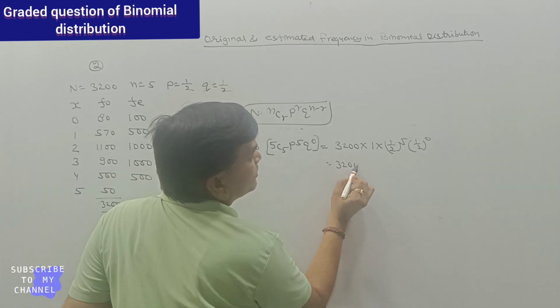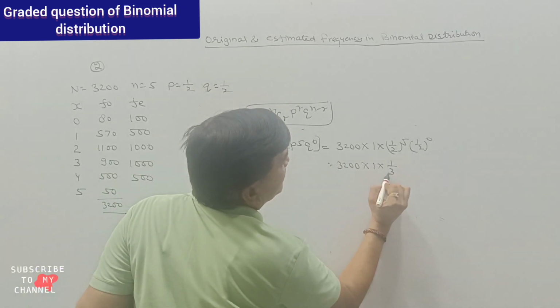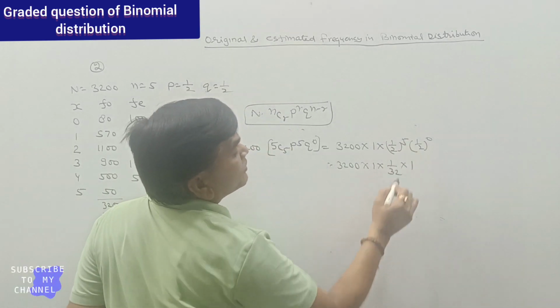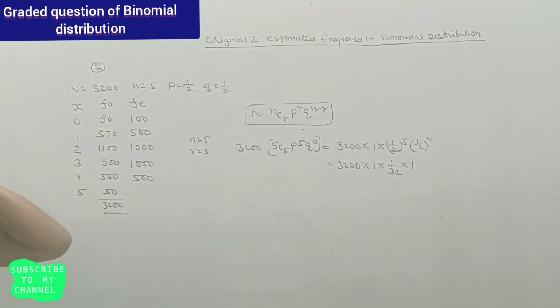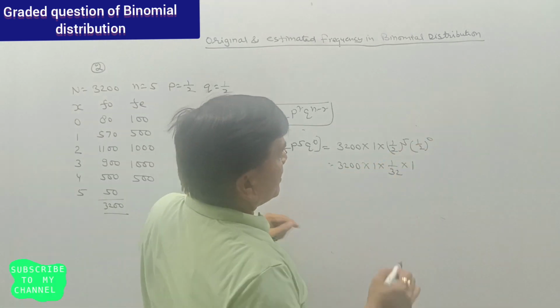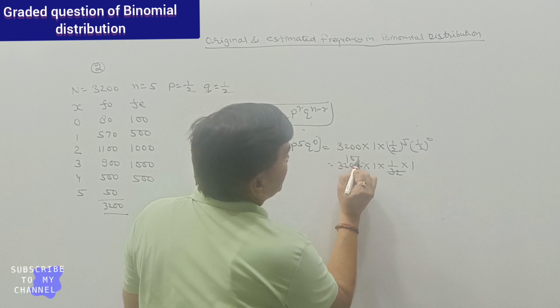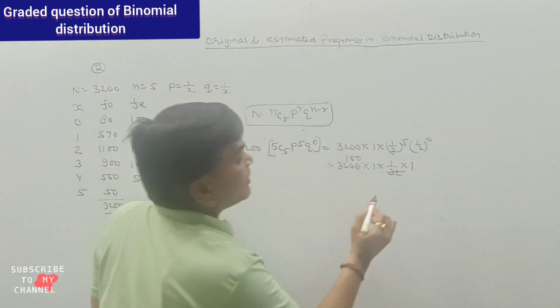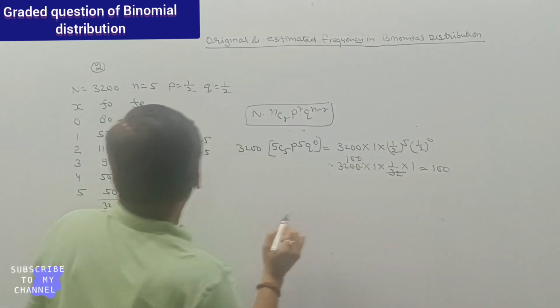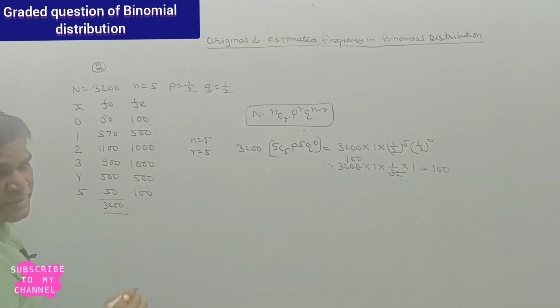So 1 multiply 1 by 32 multiply 1, because 1 by 2 raised to power 0, the value will be 1. So power is 0, so the value will be 1. So this gives 100 times, so it will have 100. So this is the estimated frequency.